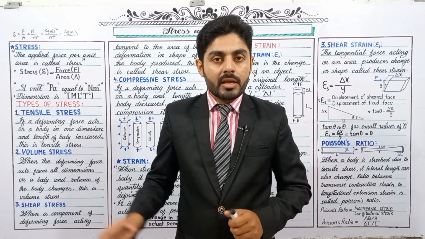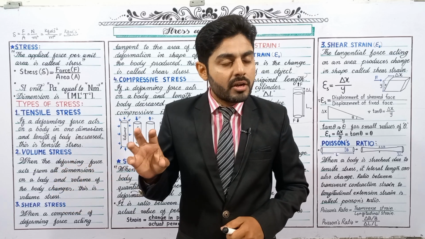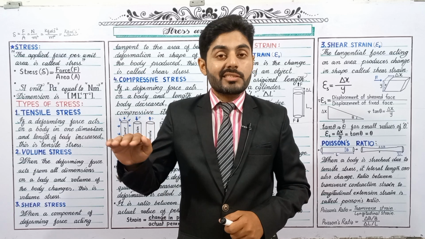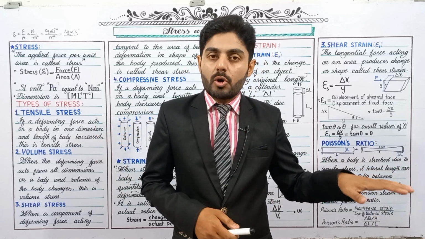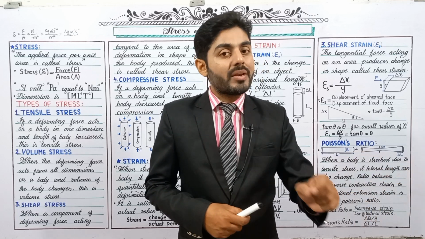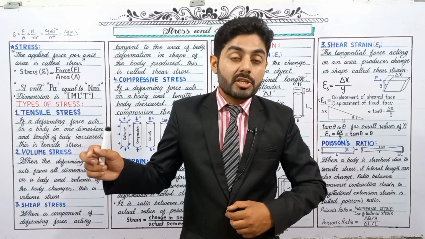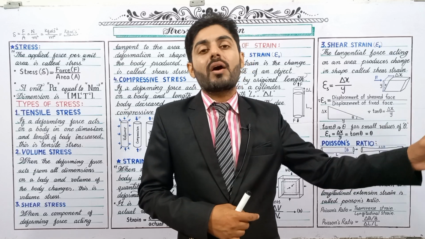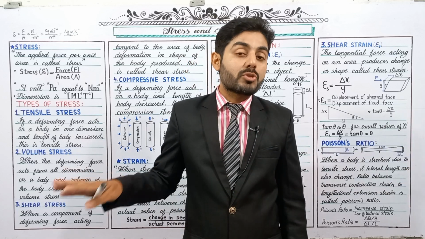If I say this object has a length of 5 centimeter and there is an increase of 1 centimeter, so it increased from 5 to 6, and the other material has an original length of 100 centimeter and now it has a length of 102. So you will easily understand that the first material has more extension because it increased from 5 to 6, but the other increased from 100 to 102. So there is less extension as compared to the first material.